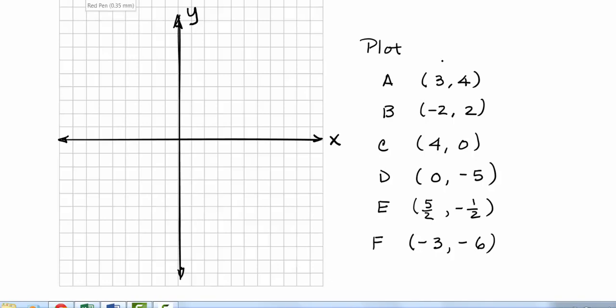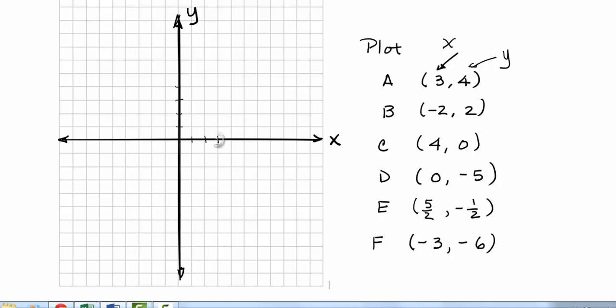So this means I'm going to go 3 places. It's a positive 3 on the x-axis, right? So remember, my first number is always my x, and my second number is always my y. So if I go over 3, I have 1, 2, 3 on my x, and from there I'm going to travel up 4. 1, 2, 3, 4.